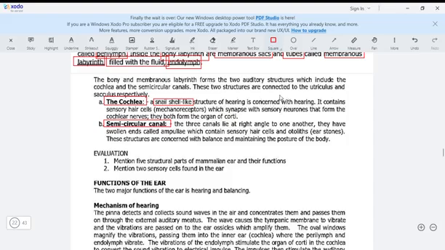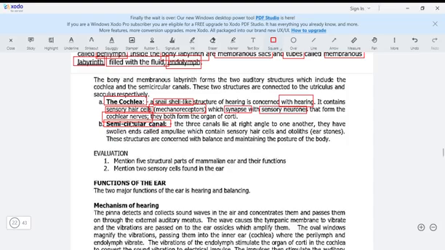It contains sensory hair cells. Those hair cells are mechanoreceptors, which synapse with sensory neurons. They always meet up with the sensory neurons, and they form the cochlear nerves.